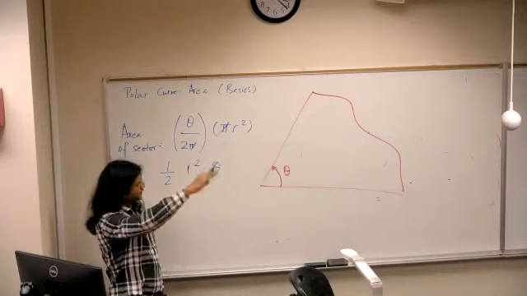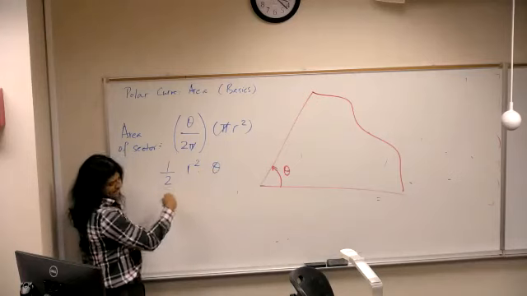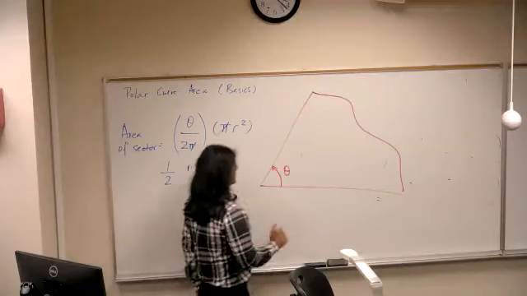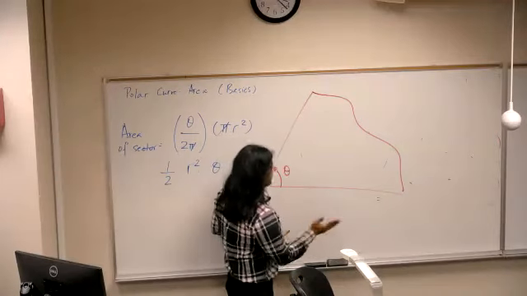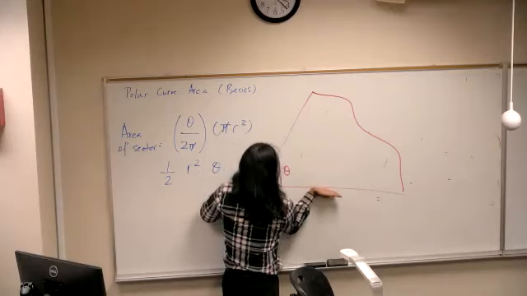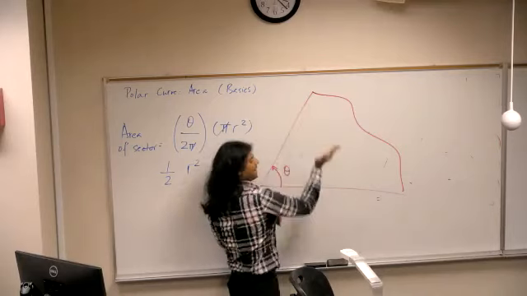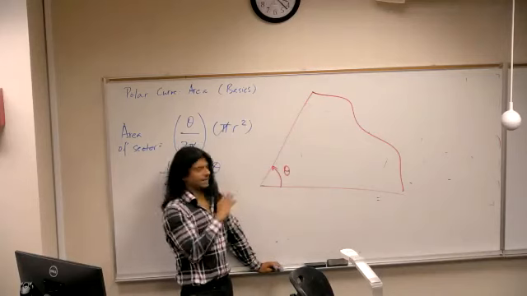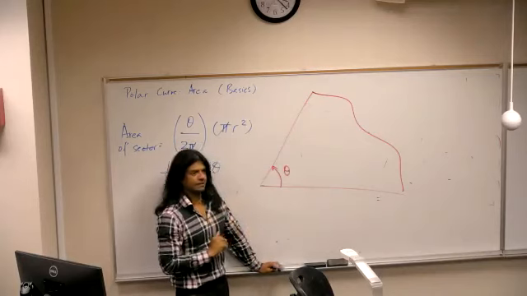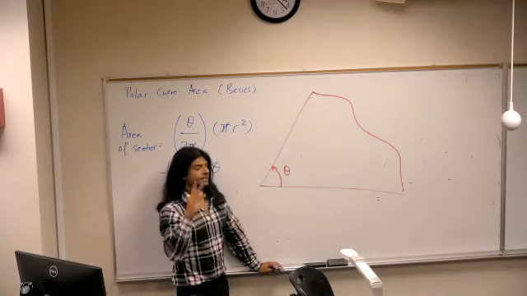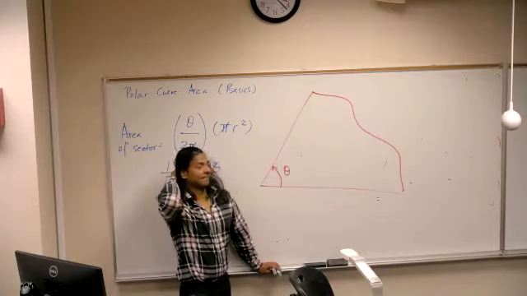Some part of 2 pi, and I have 1/2 r squared theta. That's what we know. But when we move from the initial side over to some angle, I am sweeping across the values of theta. That's just how polar curves work. Do we agree? The parameter in polar coordinates is theta.